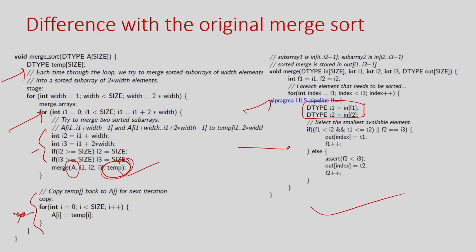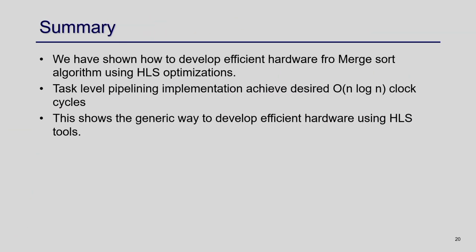Okay. So, with this I summarize today's class. We took an example of merge sort, and I showed step by step how a designer will go ahead, either applying the optimizations of the tool or making some manual modification of the code, to achieve the most efficient design. Although I have taken the merge sort example here, the same approach should be applicable for any kind of design, right.